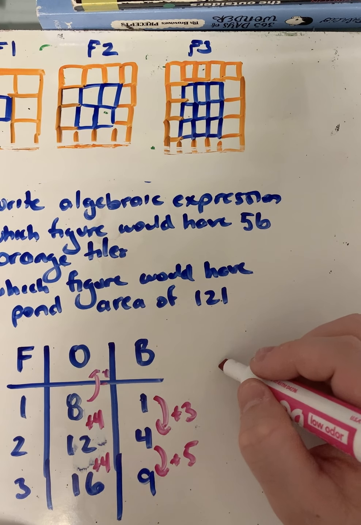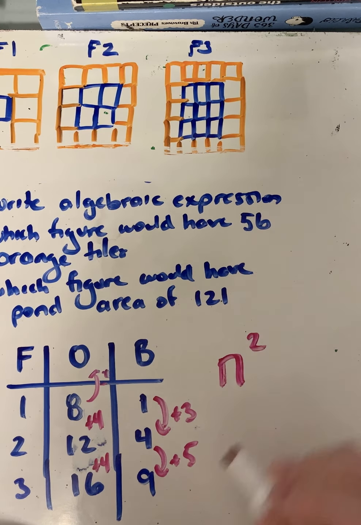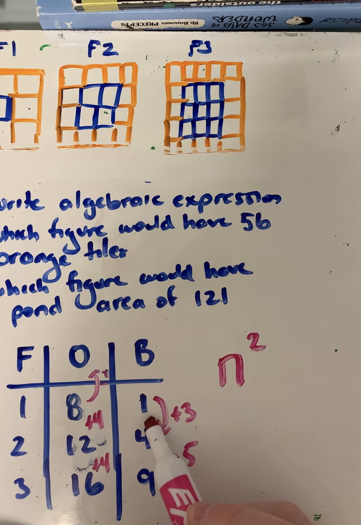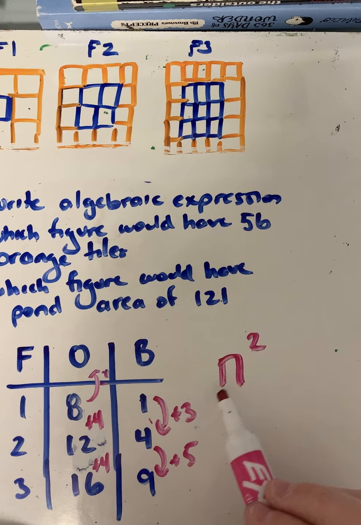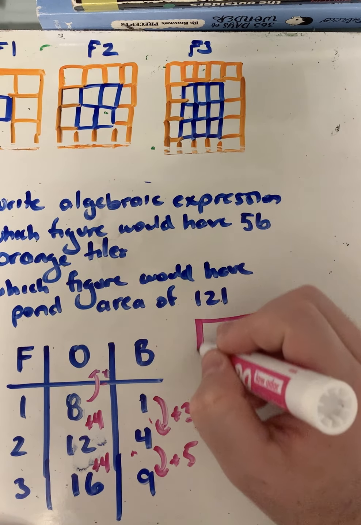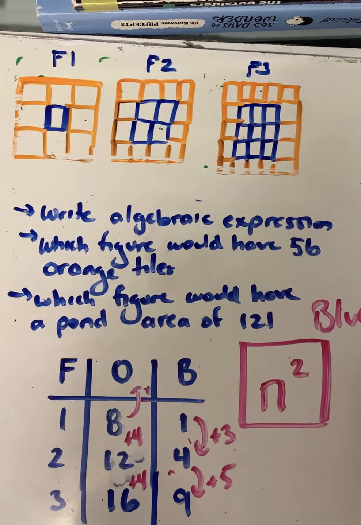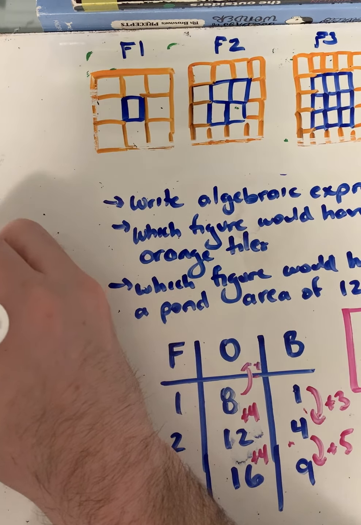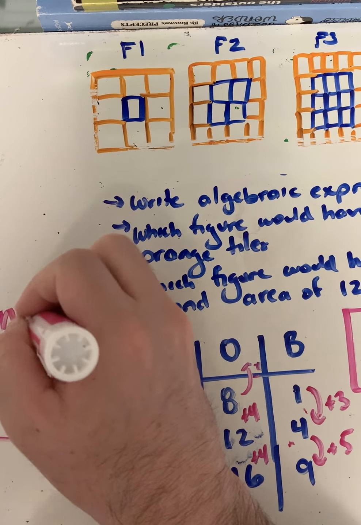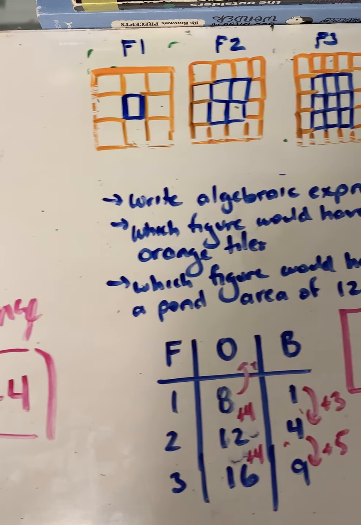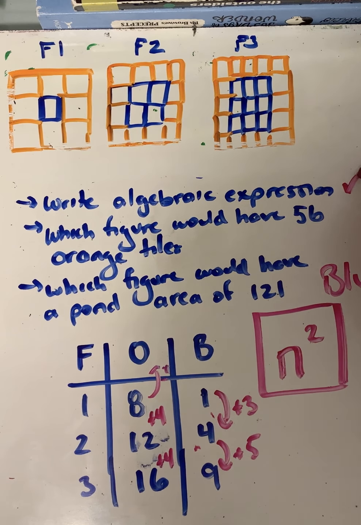So we're going to write n squared, and see if we need any constants. 1 squared is 1, so that's good. 2 squared is 4. 3 squared is 9. So the blue tiles are n squared. The orange tiles are 4n plus 4.